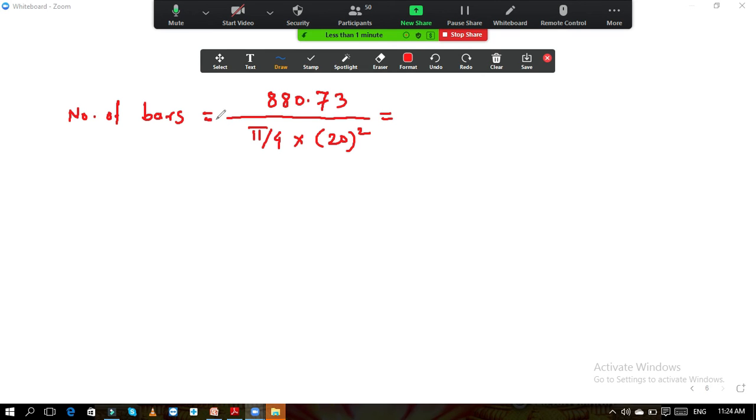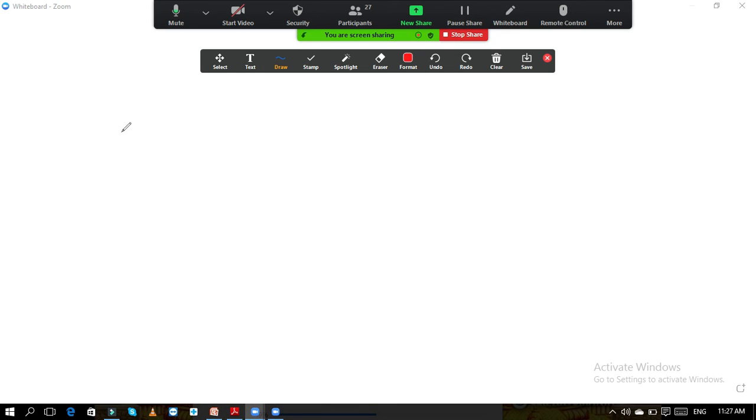So how many bars required? Calculate the number of bars now. Okay, so the number of bars is 2.8. We round up this to 3 numbers. 3 number of bars.